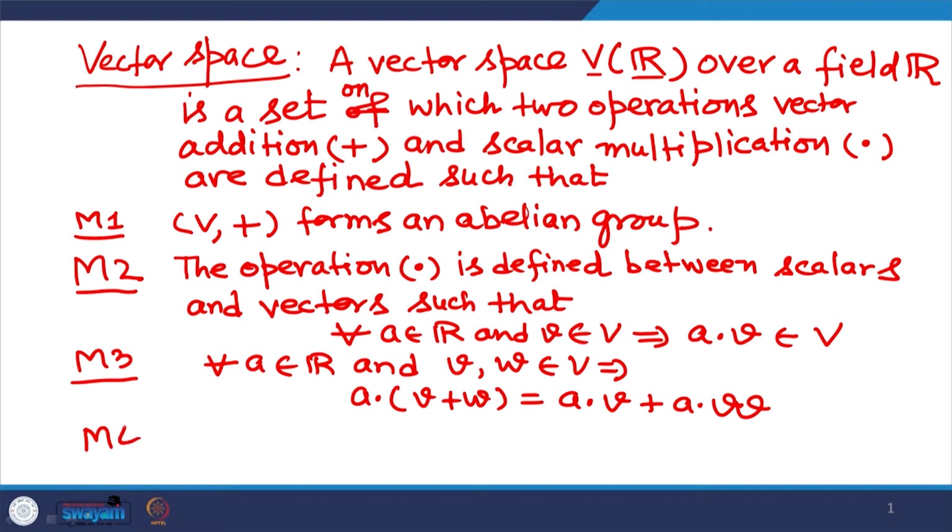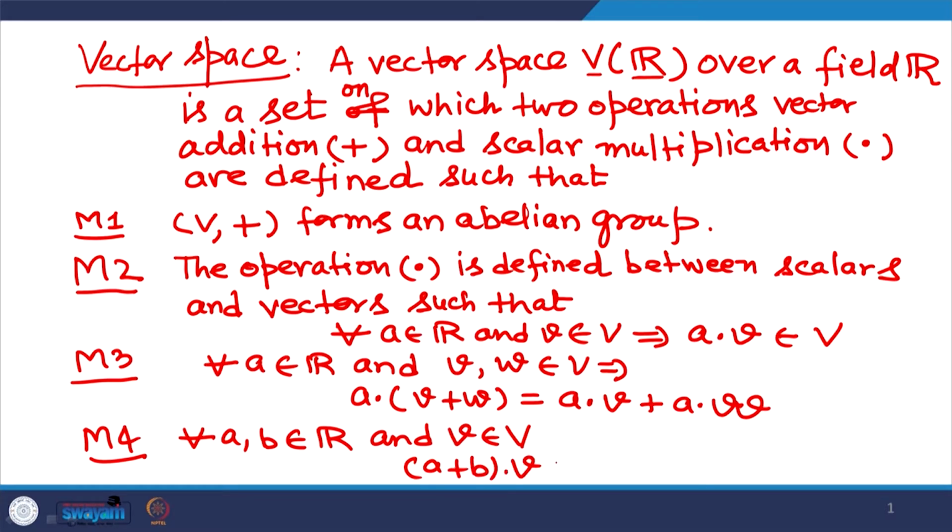The fourth property is for any two arbitrary scalars a, b belongs to the field R and v belongs to V, we have (a plus b) multiplied with v equals a dot v plus b dot v.